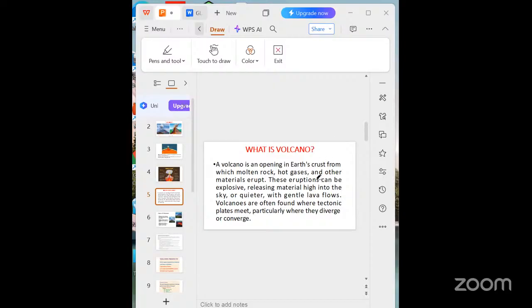So hard gases and other materials erupt. These eruptions can be explosive, releasing material high into the sky, or quiet with gentle lava flows.